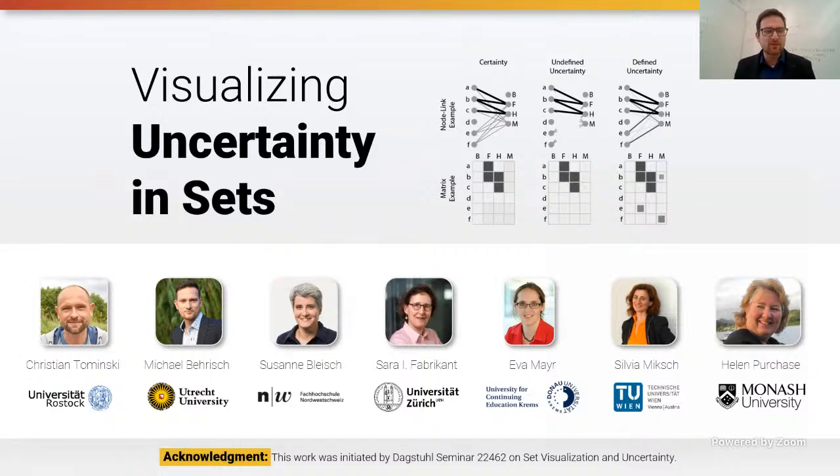My name is Michael Behrisch, and I'm presenting to you a paper that's called Visualizing Uncertainty in Sets, which was actually initiated in the Dagstuhl seminar on set visualization and uncertainty. And I'm presenting here on behalf of my co-authors that you all see over here. So let's imagine making critical decisions where you know that the data might be wrong.